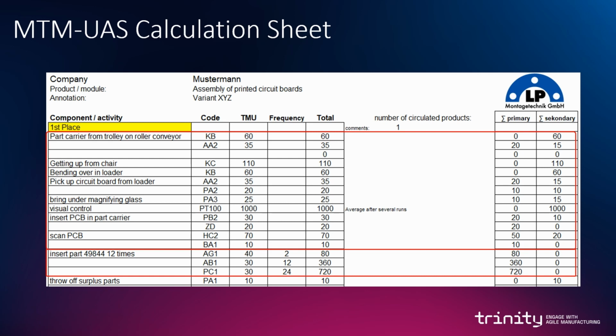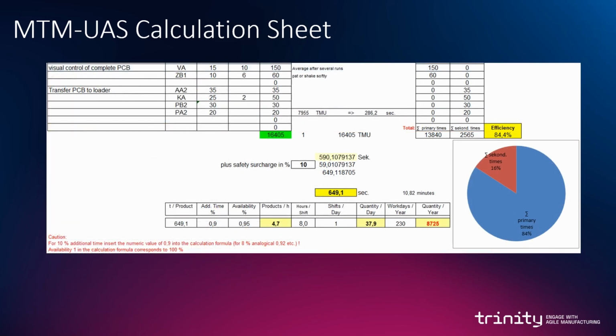The actual placement then takes place from the quantity of the parts in the hand with the shortest possible distance. Remaining surplus parts are thrown back into the particular part bin. Finally, when all the parts have been assembled, another visual check is carried out and the circuit board is handed over to a loader.